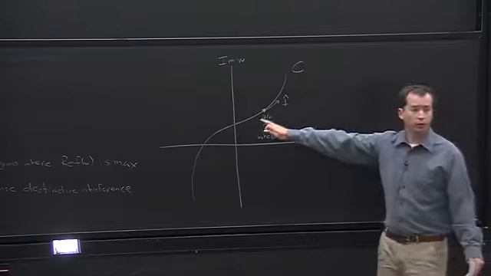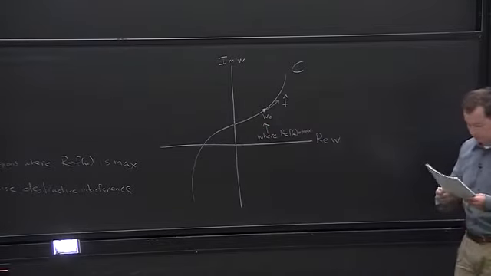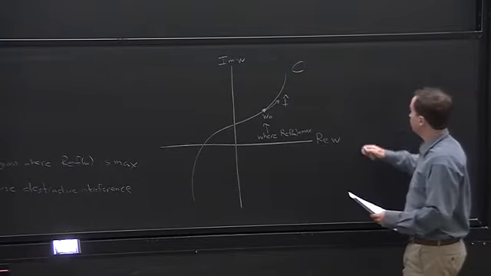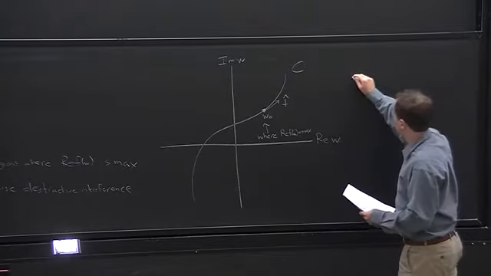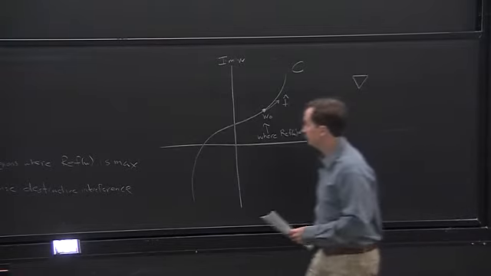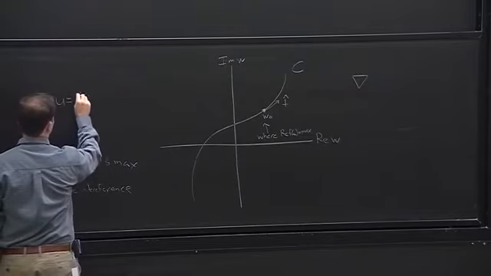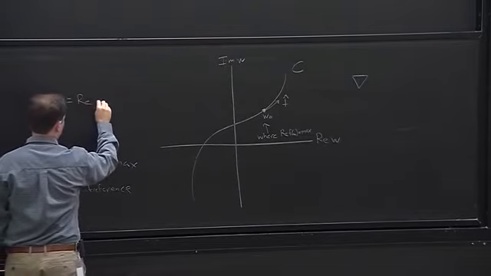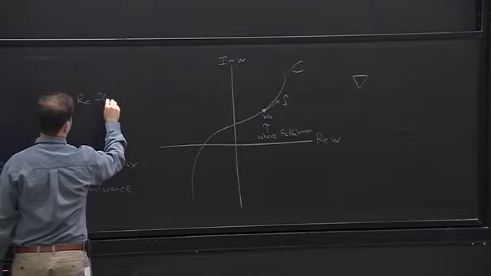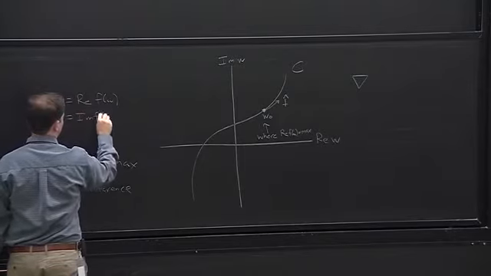And so what do we know about the curve in the vicinity of this point? We're on a constant phase curve. So let's give names to the real and imaginary parts of f. Let u be the real part of f, and v be the imaginary part of f.